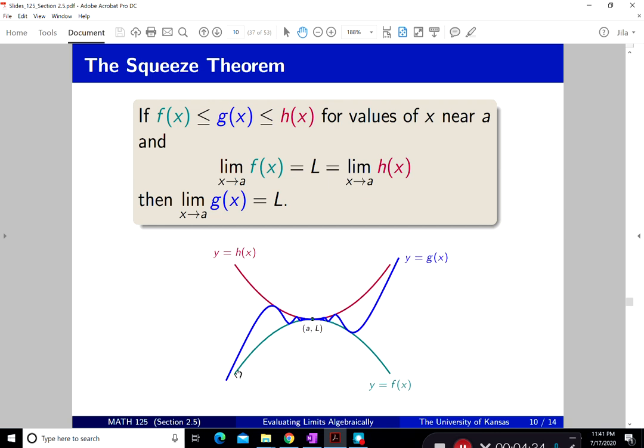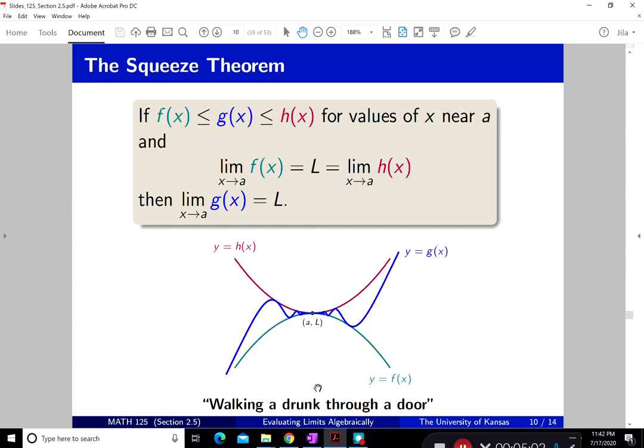Now we find another function that wiggles a lot around here, and I don't have any way of finding its limit. What do I do? If it's true that the other blue function is squeezed between the two other functions, the limit of that is going to be the same as the limit of those two other ones.